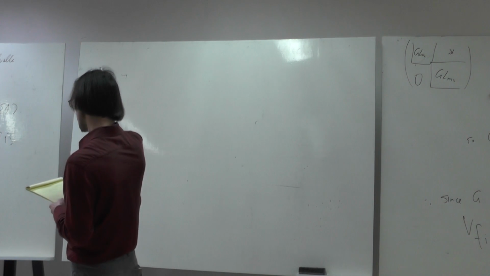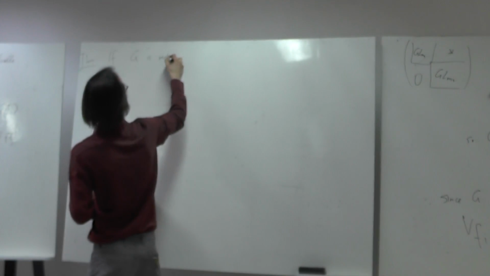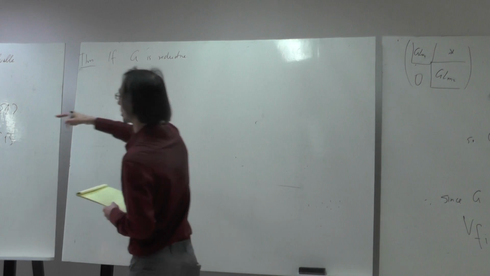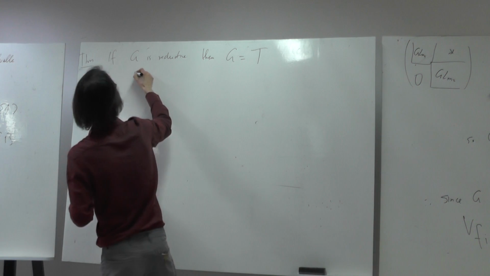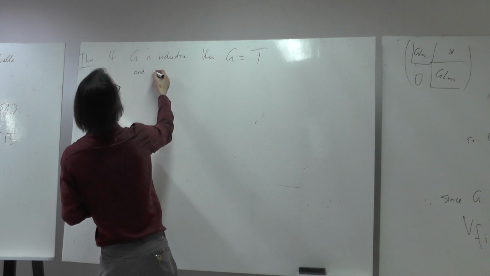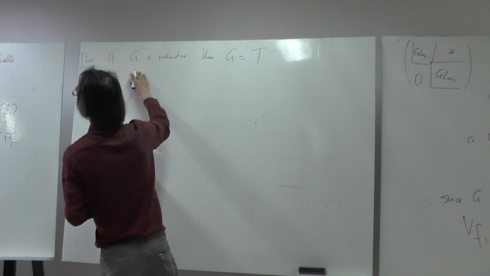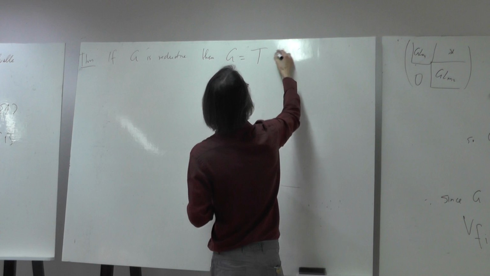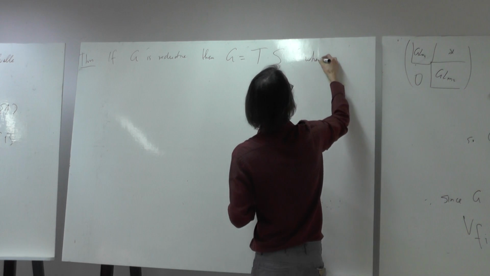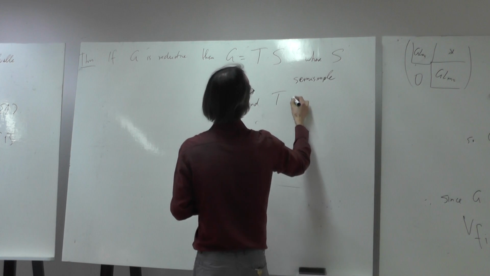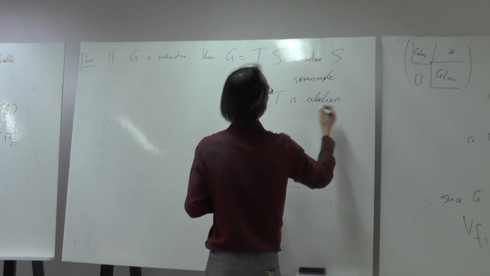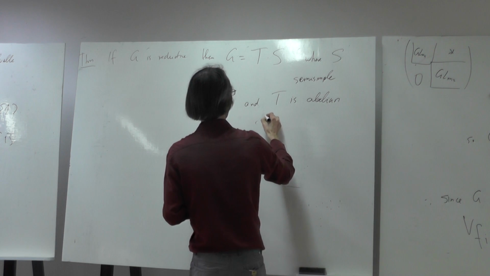Right, so there's a useful result here. Theorem: if G is reductive, and connected, then G is a product TS, where S is semi-simple, and T is a diagonal torus.